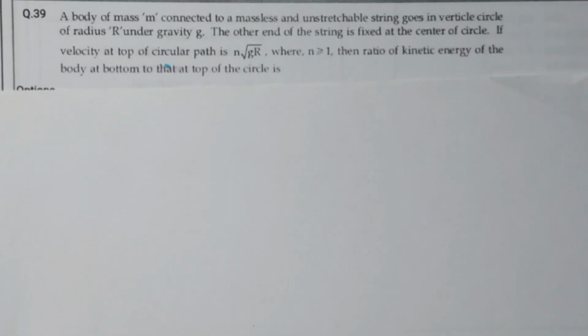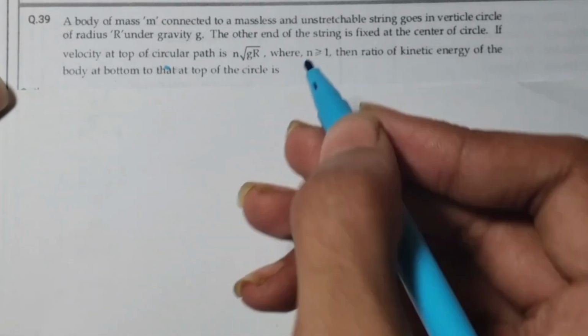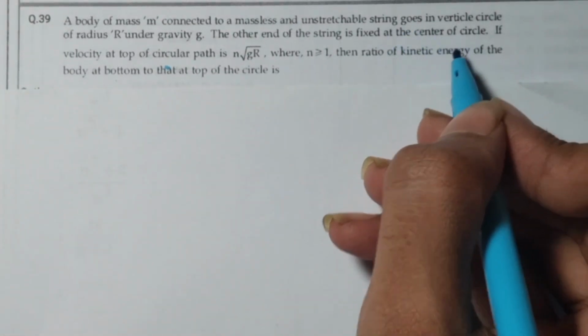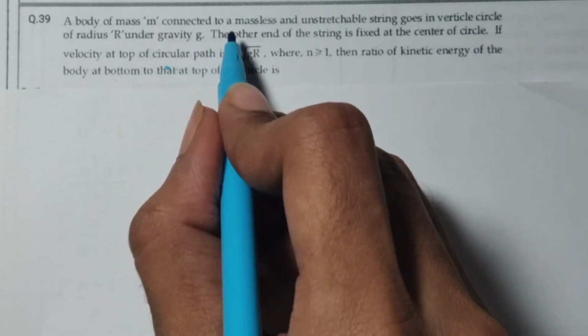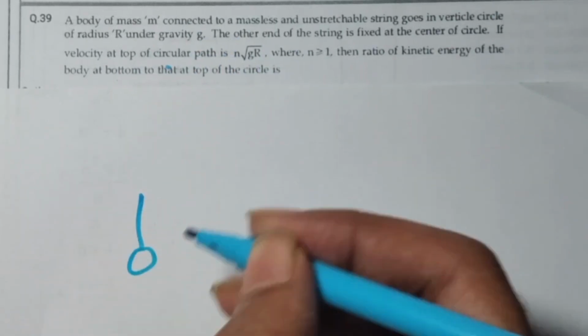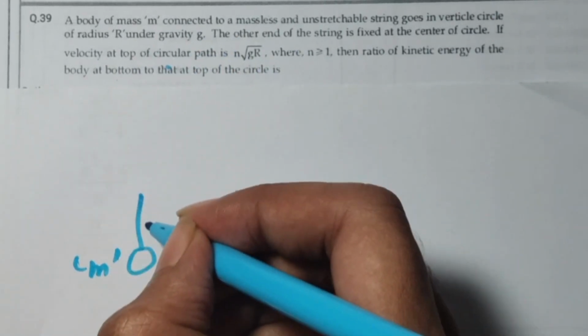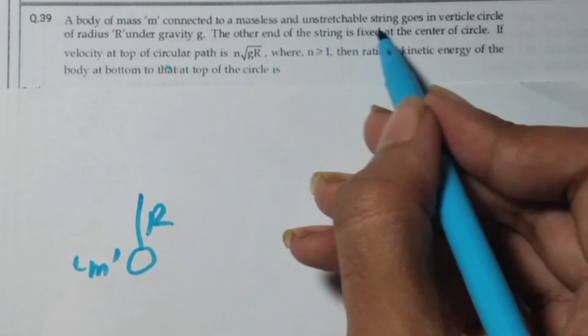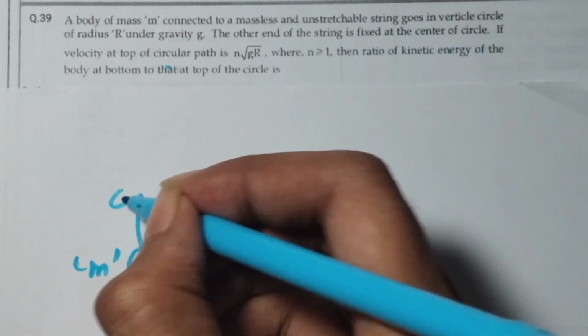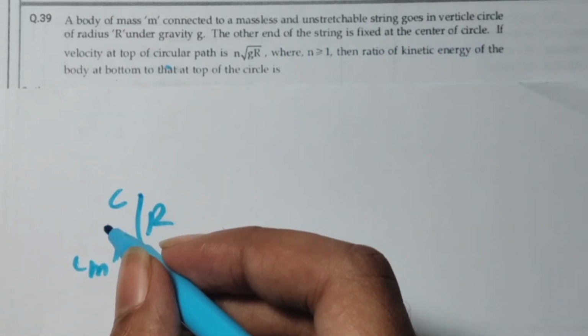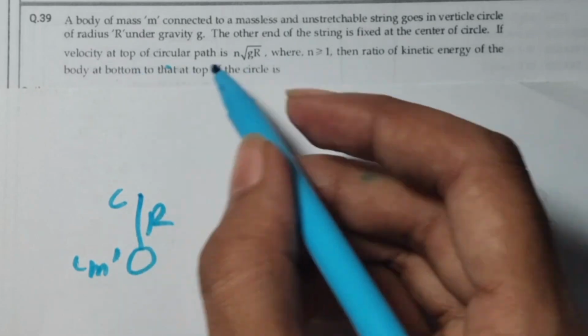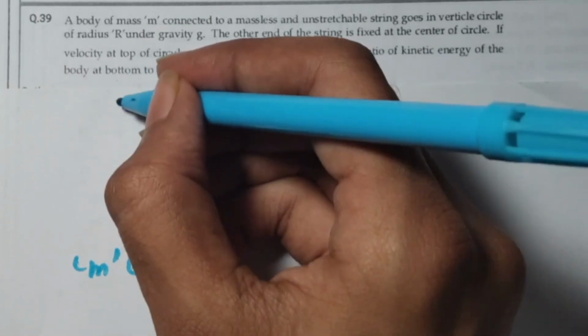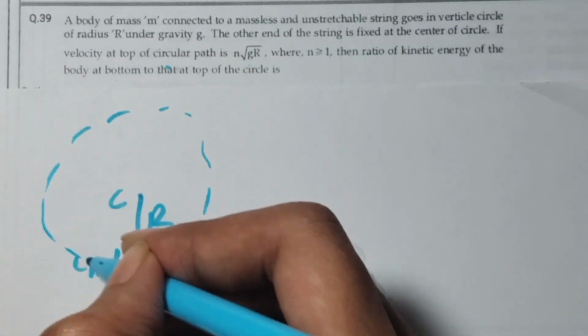So students, let us move to the next question, question number 39. A body of mass m connected to a massless and unstretchable string goes in a vertical circle of radius r under gravity g, like this. The other end of the string is fixed at the center of the circle, let us assume it as C. The velocity at the top of the circular path is n root gr.